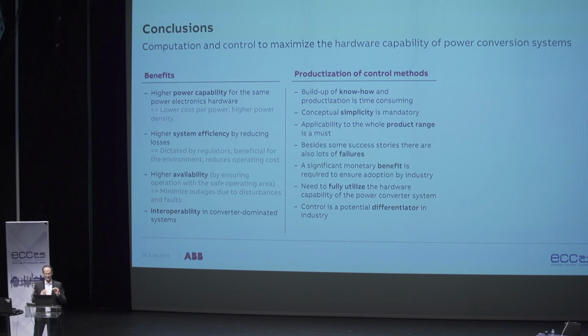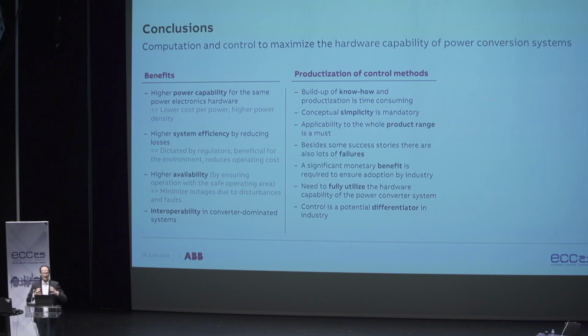In order to get things into a product, to get things into industry, you need to almost prove a certain monetary benefit. Just performance without being translated into dollars or euros is not that compelling. It's not that convincing a story.